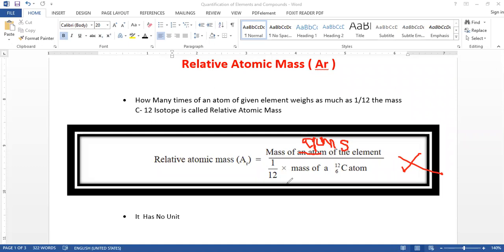We'll do all the past paper questions and also model questions, so don't worry. Relative atomic mass has no unit. I already said why: above is gram, below is gram, gram will be cut and there is no unit.